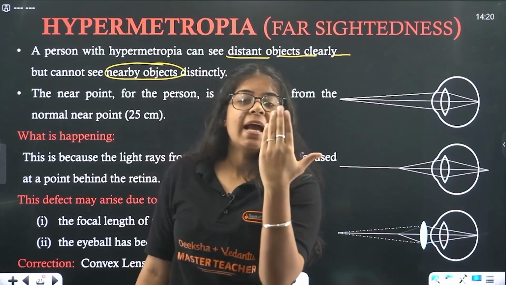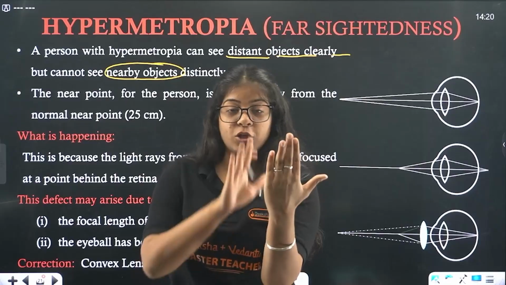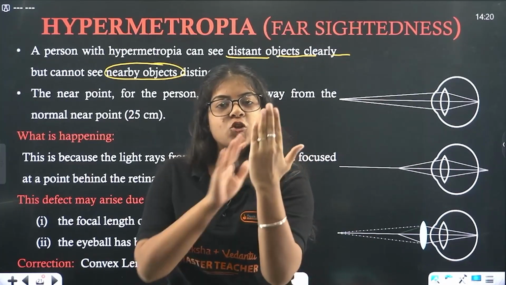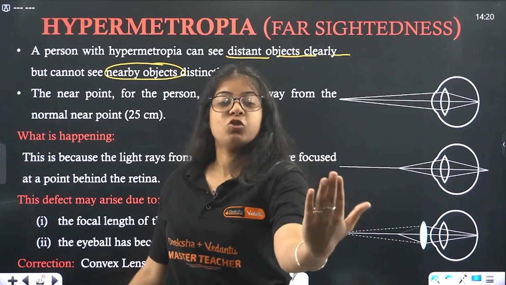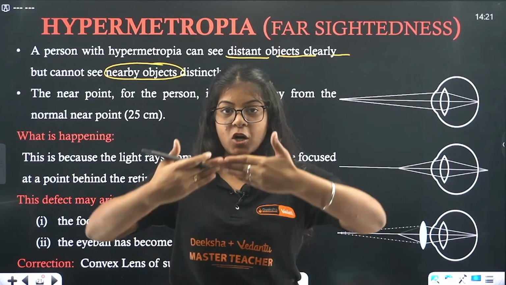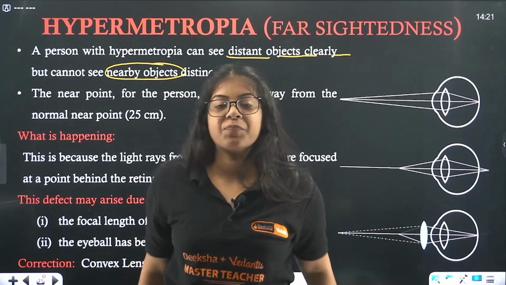I can read this much, but an eye which has hypermetropia, the near point moves further away. So you have also seen that they might keep their newspapers or books not here like we keep it, sometimes far away from them. Right? Why?